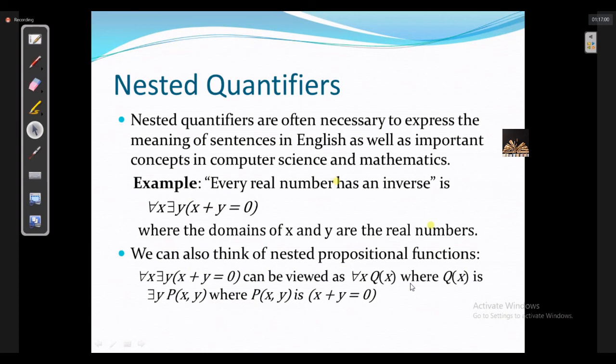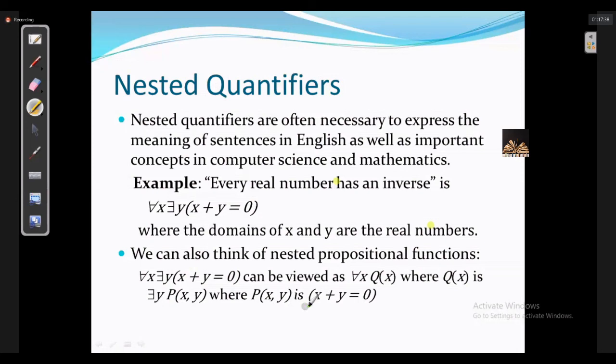Here, see the nested quantifier example. For all x, there exists y, x plus y is equal to 0 can be viewed as for all x, Q of x, where Q of x is there exists y, P of x comma y.